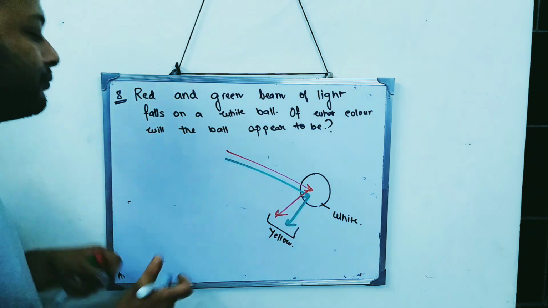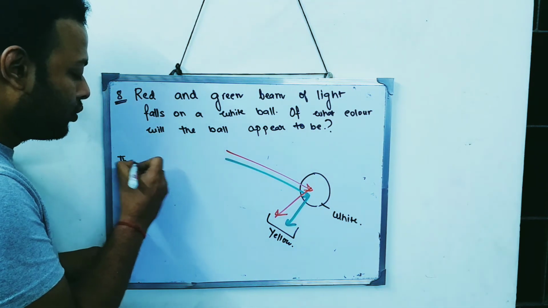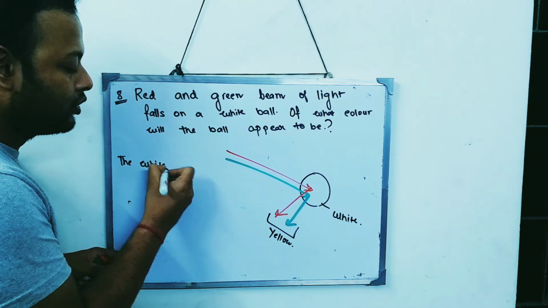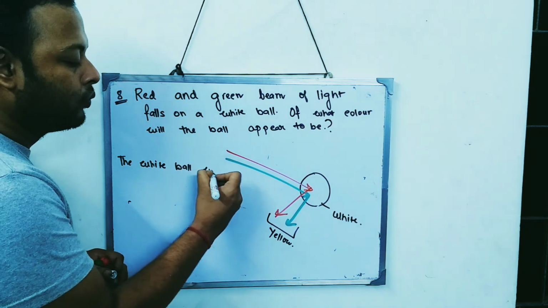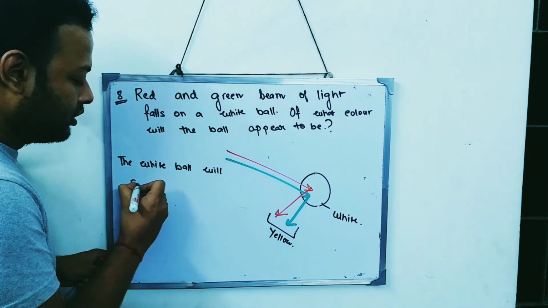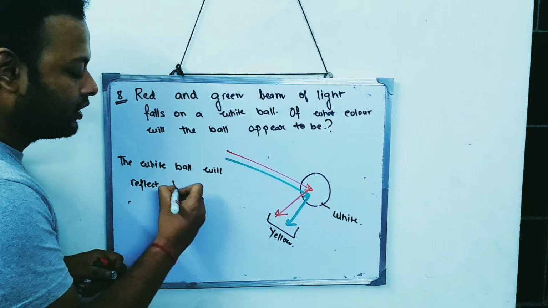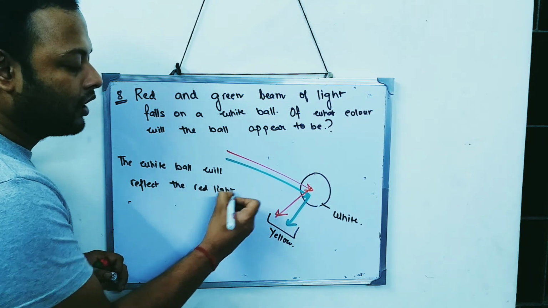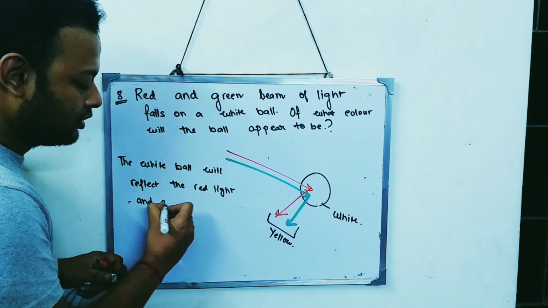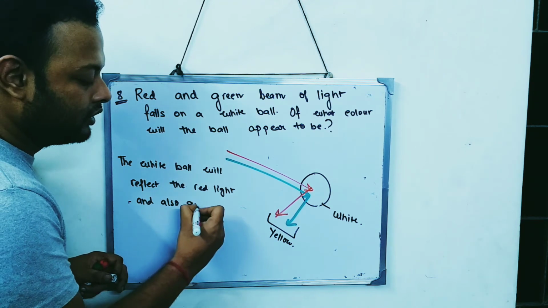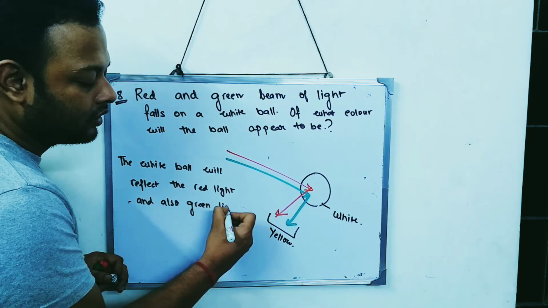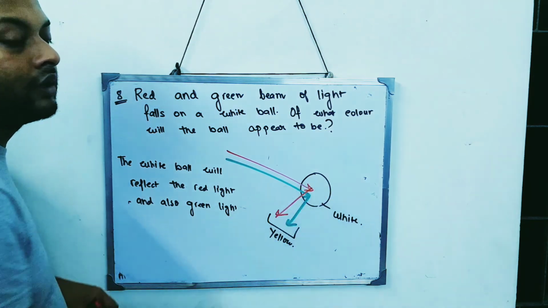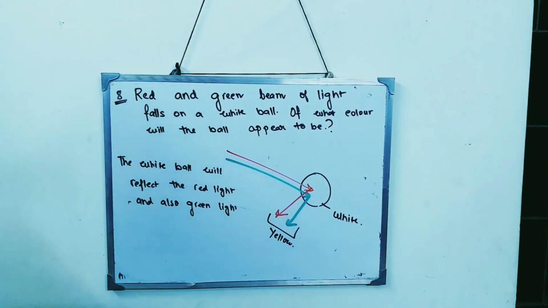So how do you write it? The white ball will reflect the red light and also the green light. The white ball will reflect the red light as well as the green light.